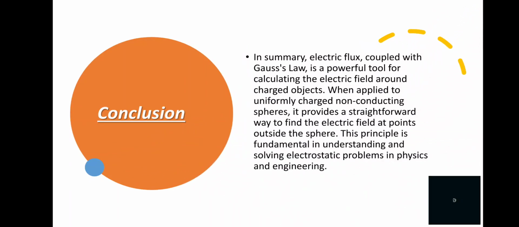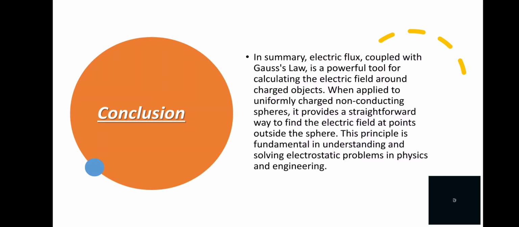In summary, we have explored using Gauss's law to determine the electric field of a uniformly charged non-conducting sphere. By applying Gauss's law, we derived an expression for the electric field outside the sphere. This showed that the field decays as expected for this spherical charge distribution.